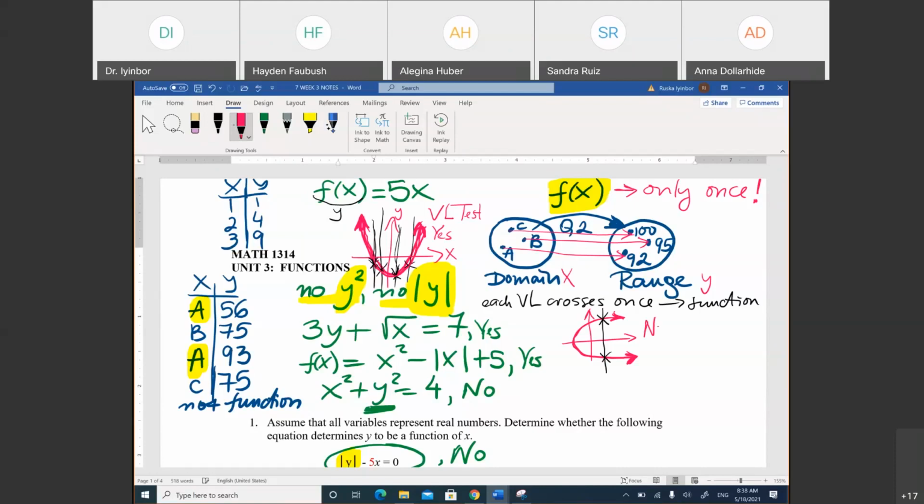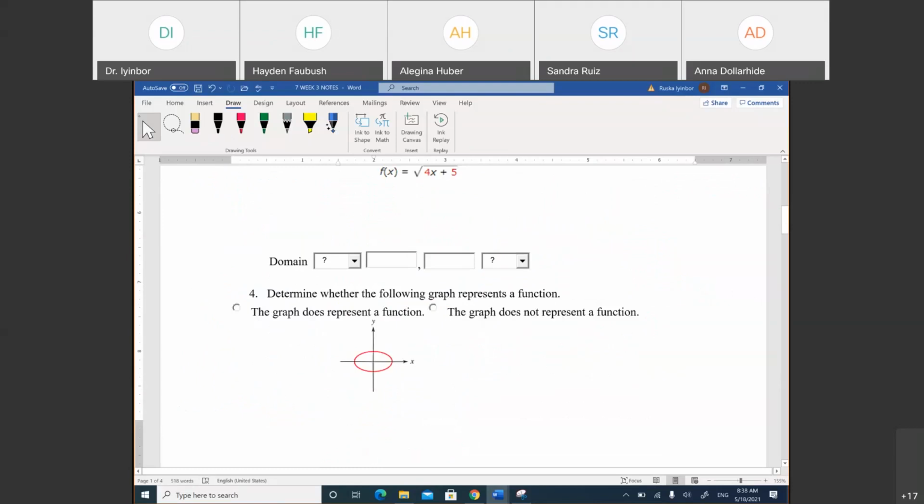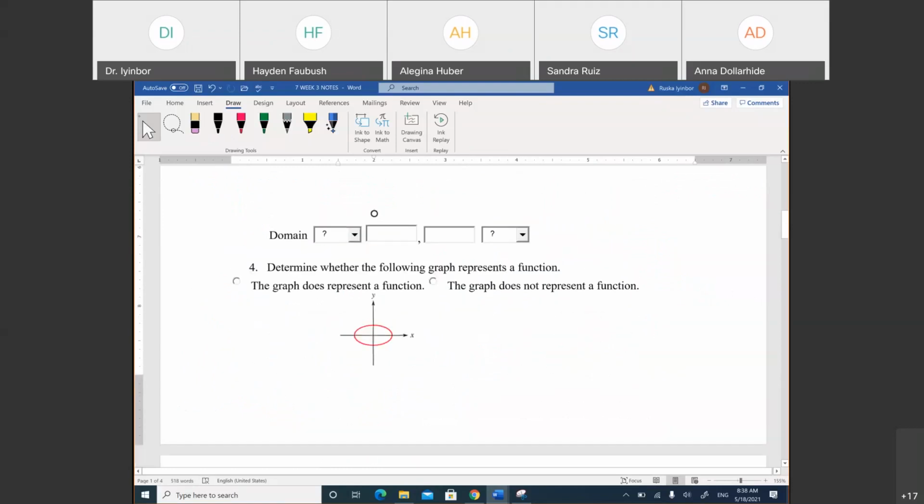Not a function. That's right. So everybody understand when it's a function, when it's not? And then you have another one here in number 4. Looking at this circle or ellipse, is it a function or not a function? Not a function, because if I have a vertical line here, it's going to cross 2 times, right? So that's why it's not a function.